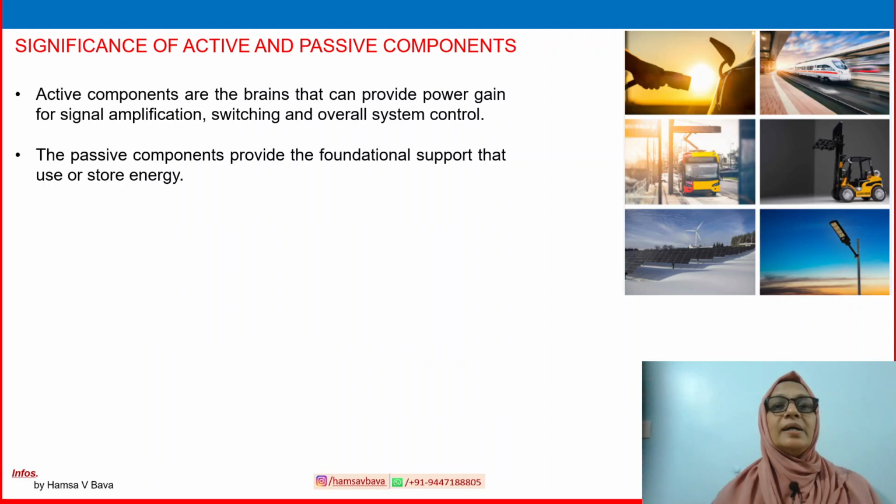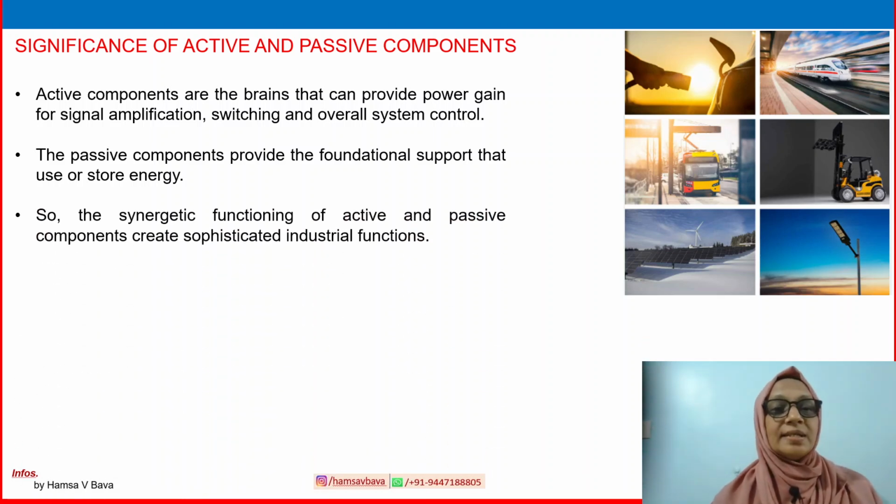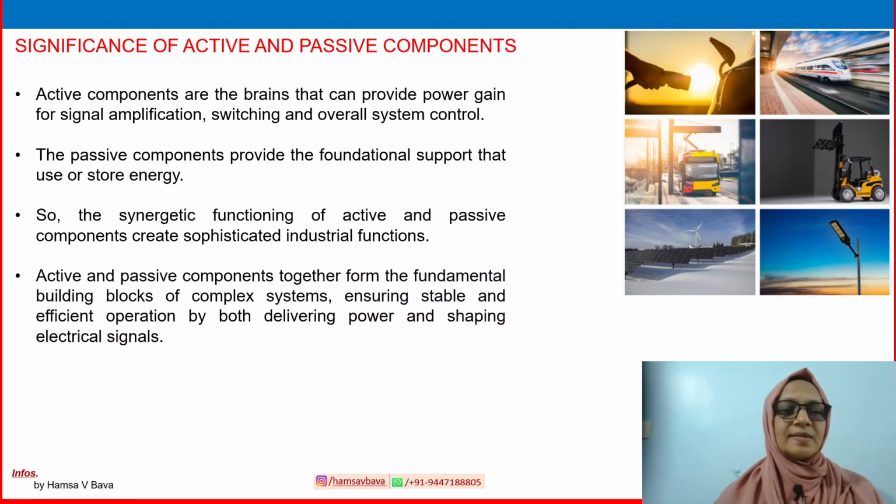Active components are the brains that can provide power gain for signal amplification, switching, and overall system control. So for the control, these active components have a major role that we have seen. The synergetic functioning of active and passive components creates sophisticated industrial applications. They come shoulder to shoulder and give a very good result in industrial applications.